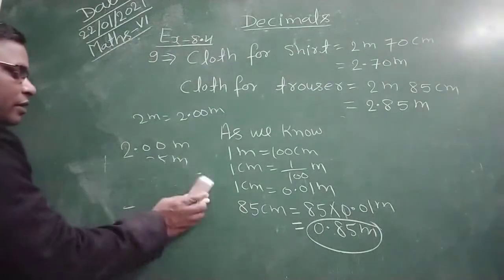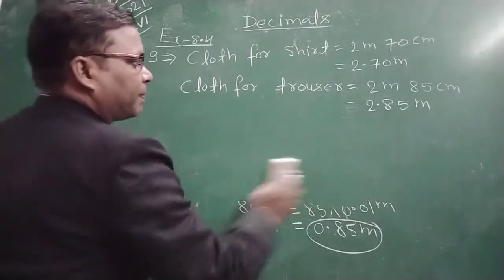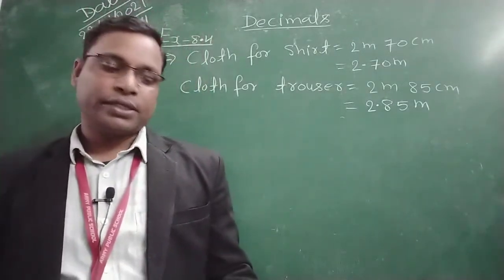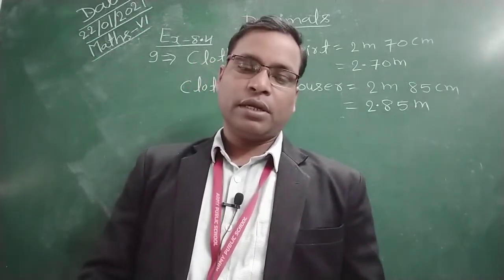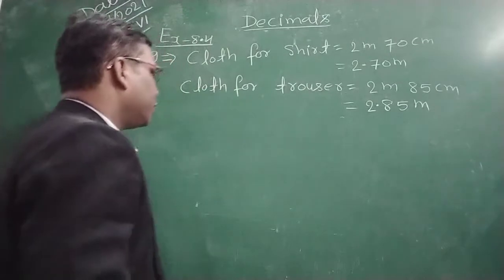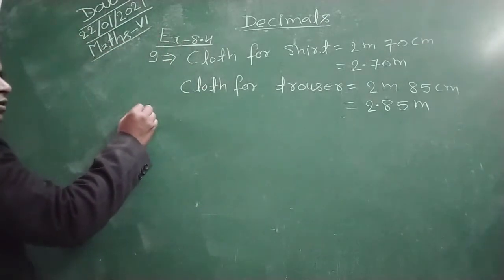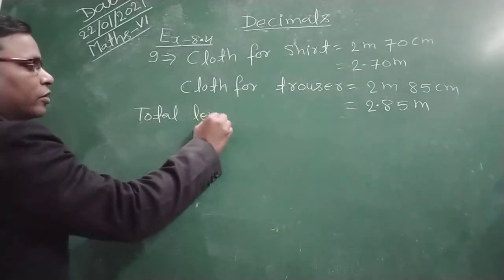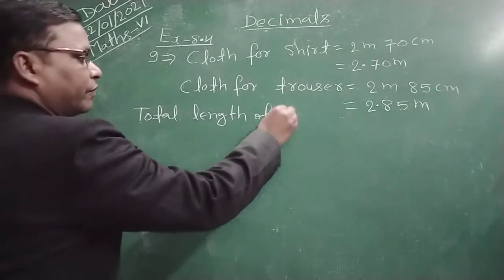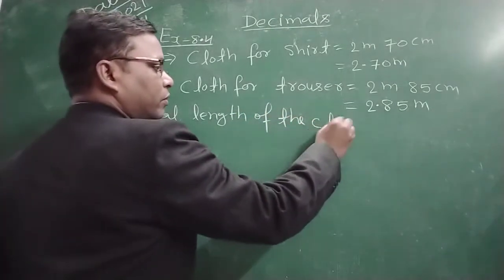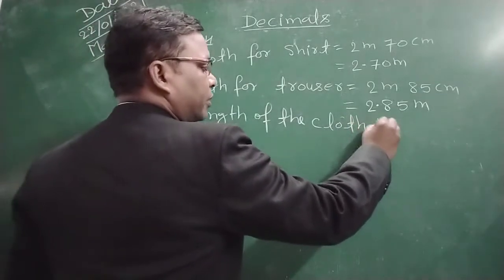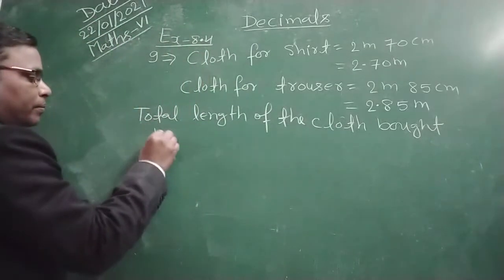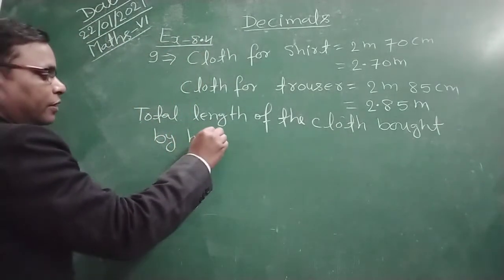Now, this is the cloth for trouser. Now, we need to find the total length of the cloth bought by her. Okay, so here you write total length of the cloth bought by her.